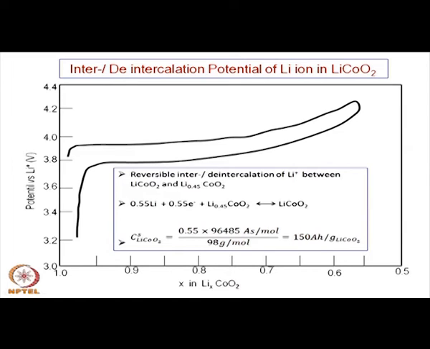Okay. Per gram, one can theoretically find from this curve the ampere second or the farad, and then per 98 grams, which is the mole. So, you can find out the theoretical value of energy which can be stored in the system from this electrochemical potential curve.